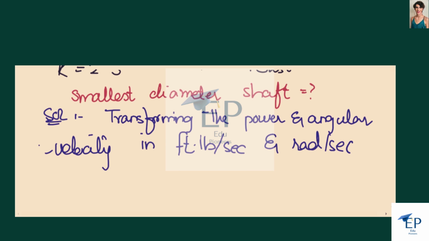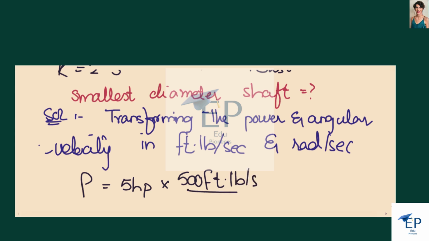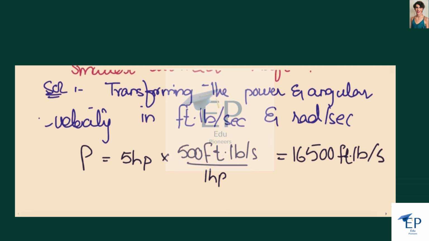So it means that power would be 30 HP times 550 foot-pounds per second divided by 1 HP, that would be equal to 16,500 foot-pounds per second, right?